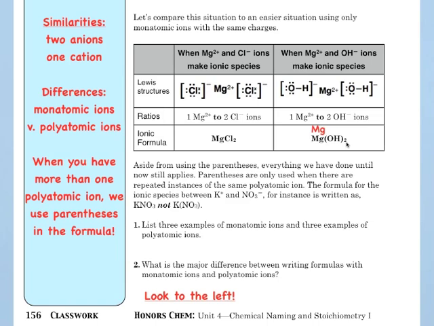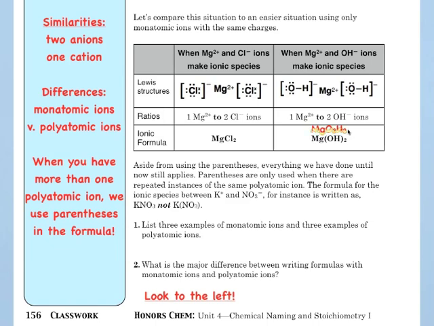I'm going to show you what will be wrong. You might think that this formula could be written like this. Mg, and since I have 2 oxygens and 2 hydrogens all together, bonded both ionically and covalently to create this thing, you might think MgO2H2 is a good way to write this. This is not a good way to write this because it does not represent really what's going on.